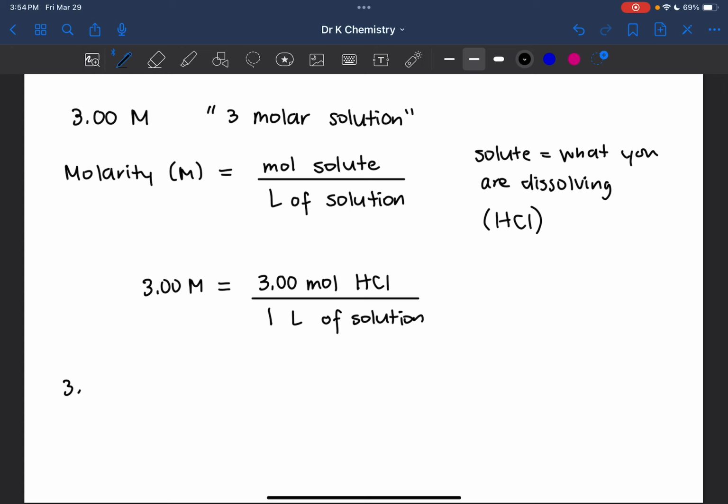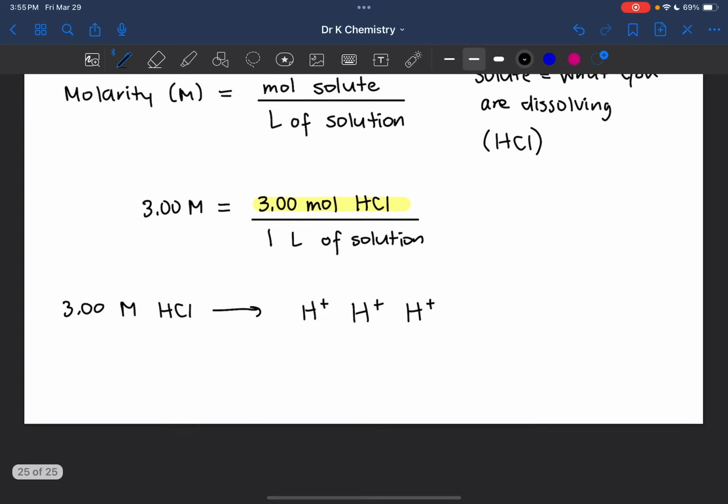So let's say we take a 3 molar hydrochloric acid solution, and we said the hydrochloric acid is going to dissociate into the ions that it came from. If you had 3 moles of this hydrochloric acid in solution, that means you would be generating 3 moles of hydrogen ions when that dissociates. And of course, here I'm just writing 3 of them. In order for that to be moles of hydrogen ions, these would need to be multiplied by 6.022 times 10 to the 23, because that's what molarity means.